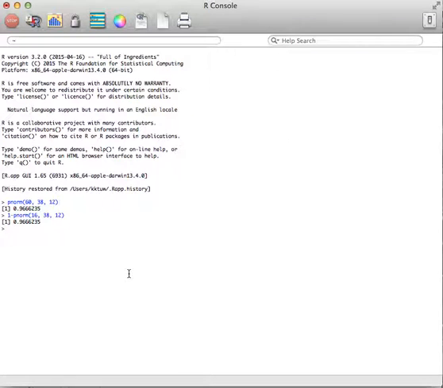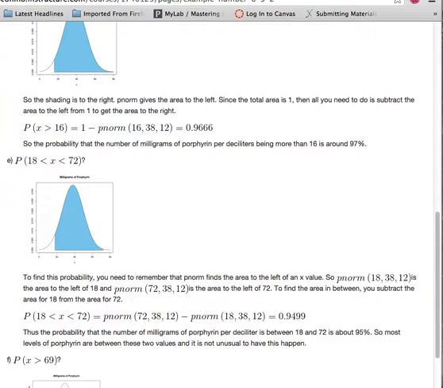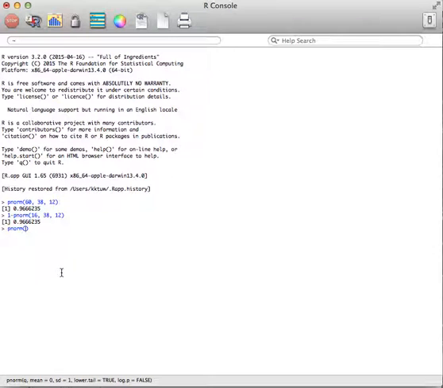And so we do p norm. We're going to start with the bigger one because we want to do the bigger minus the smaller. So the bigger less than is at 72. So it would be p norm 72 with the mean of 38 and the standard deviation of 12. You can find out what that number is, but we don't really care.